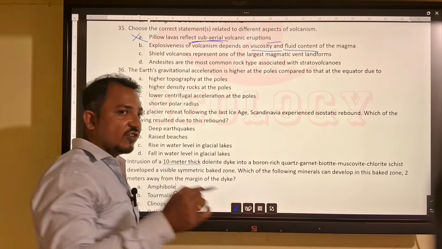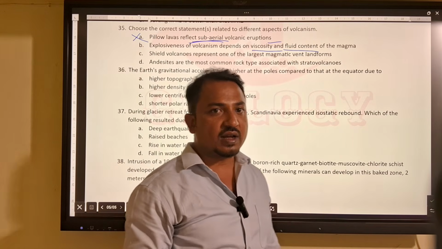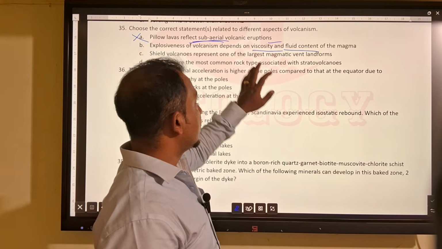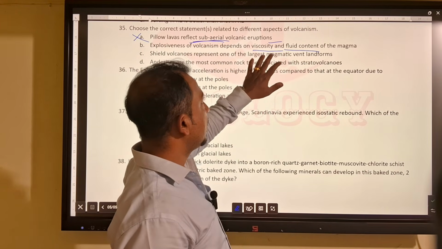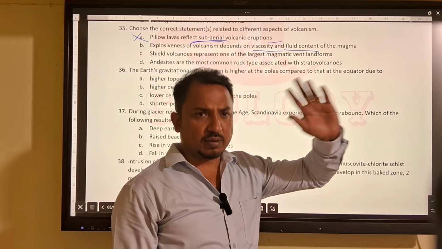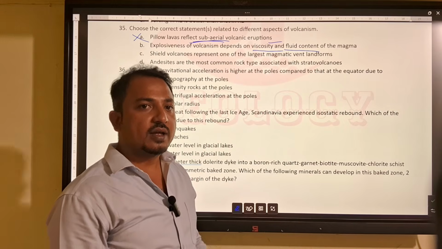Viscous means mostly in the case of felsic magma, all the volatile matter is present in dissolved condition. That's why they are highly viscous. So felsic magmas are highly viscous and have fluid content. When they come to the surface or produce a volcano, the volcano will be explosive.